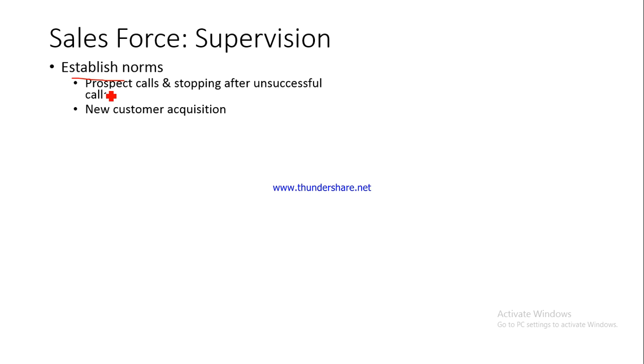If he is not making any calls to prospects, he would not be able to generate any new customers for the company. On the other hand, if he is making calls to prospects who are likely to buy the product in future, then naturally he would be able to add more customers. So that is why you have a particular norm for prospect calls. Prospect here means somebody who is likely to buy your product in future.